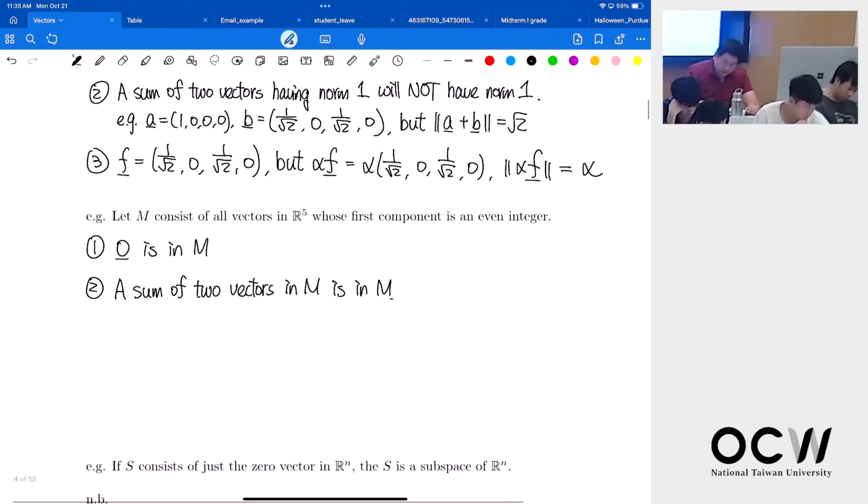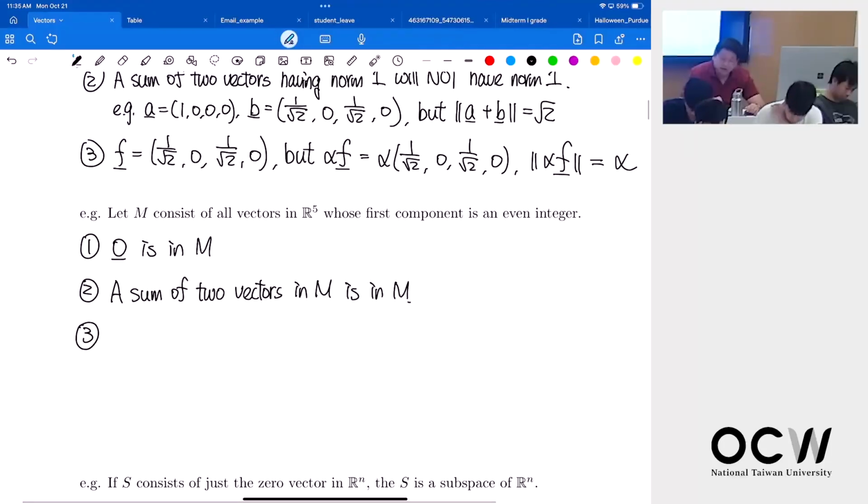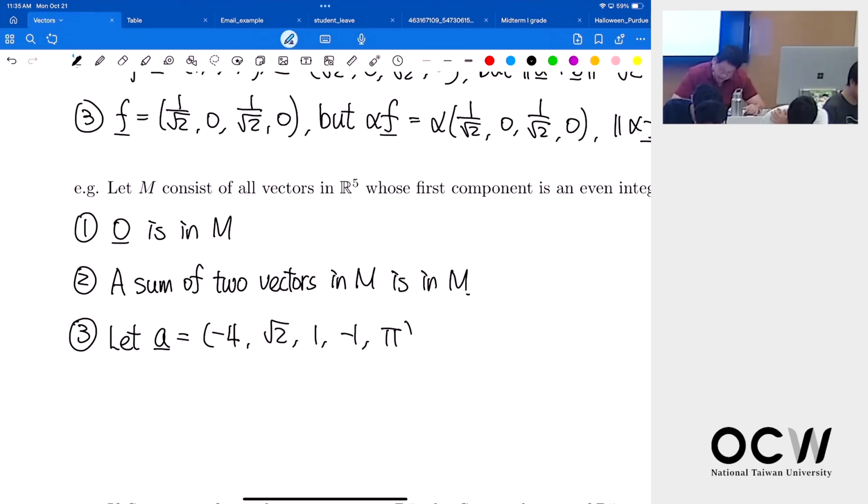The third one: if I multiply by a scalar, I see if after multiplying by the scalar that vector is still in M. So if I have a vector A, suppose the first component should be an even integer, like -4, and the rest, whatever, I can even put a pi.